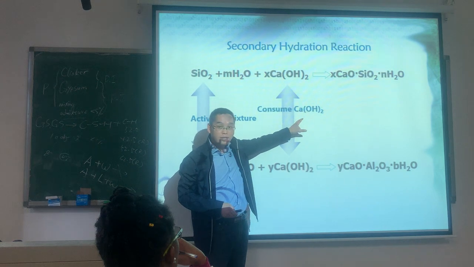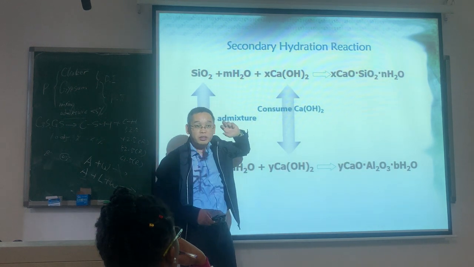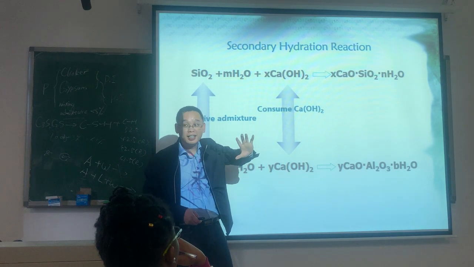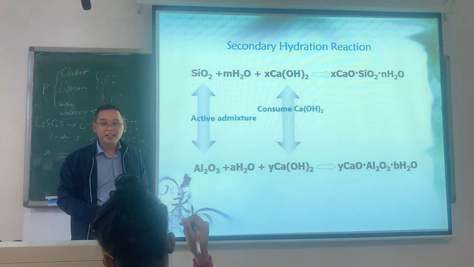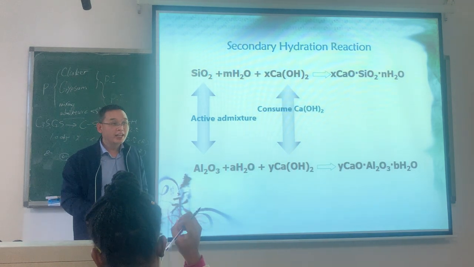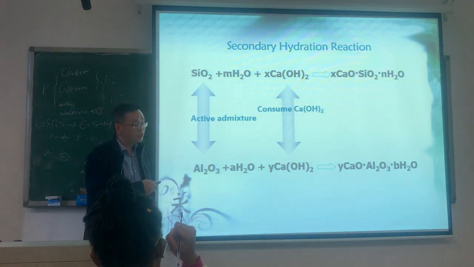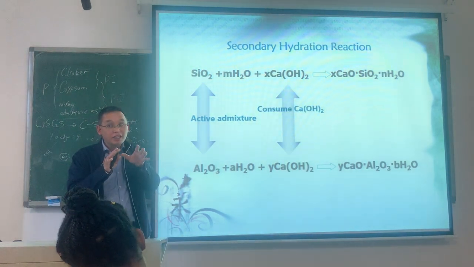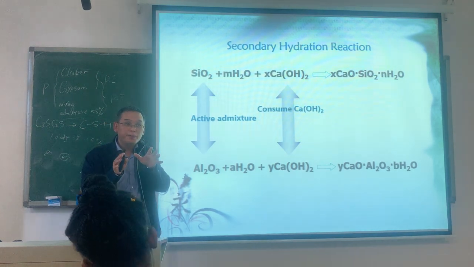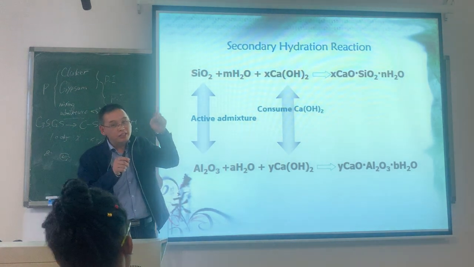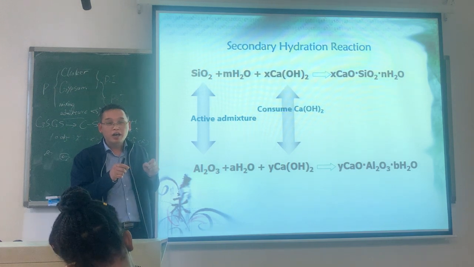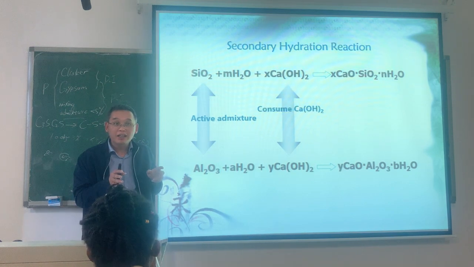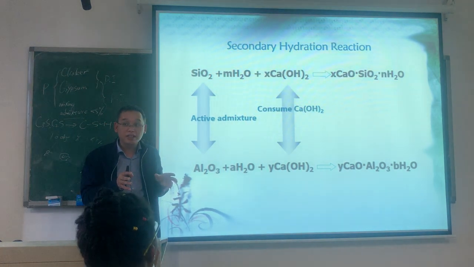If the calcium hydroxide is consumed, what is it good for? It is good for strength, yes. But it is also good for what we learned just now about the corrosion of the cement.